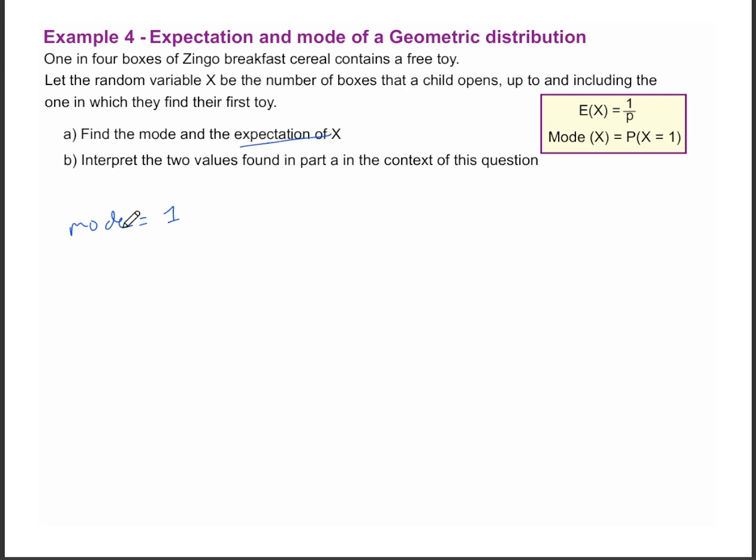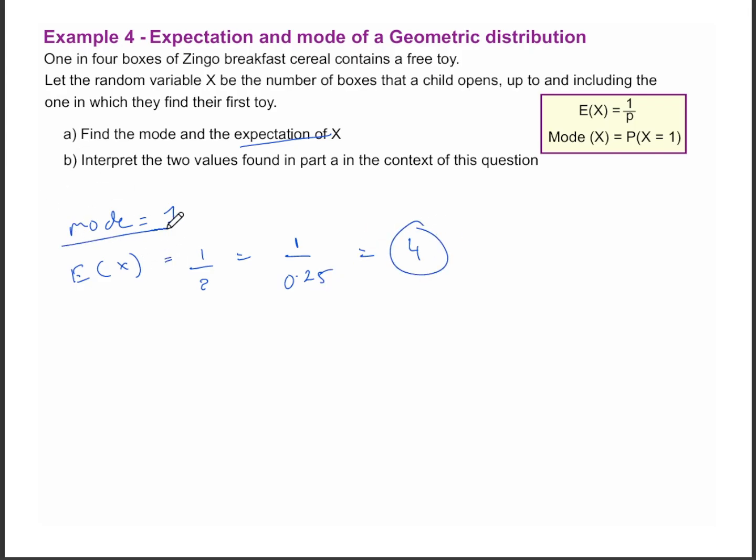When you look at the expectation of x, as we said, it is the reciprocal of the probability of success. And in this case, the probability is 0.25. So 1 over 0.25, which just gives us 4. So our expected first toy will come out in the 4th try.